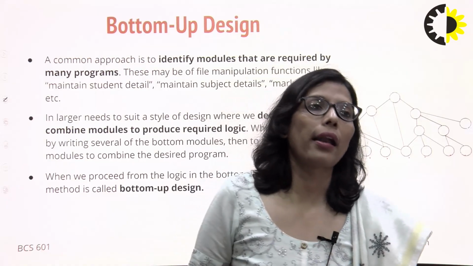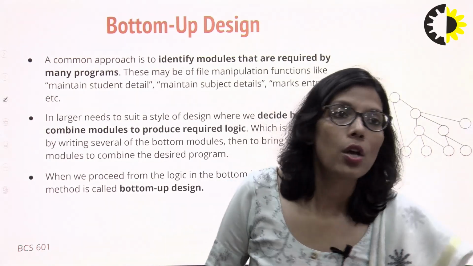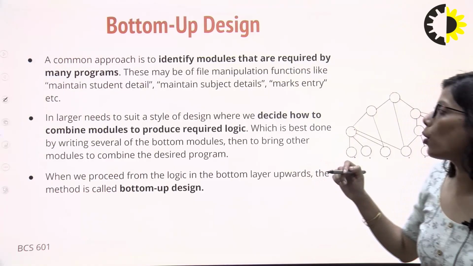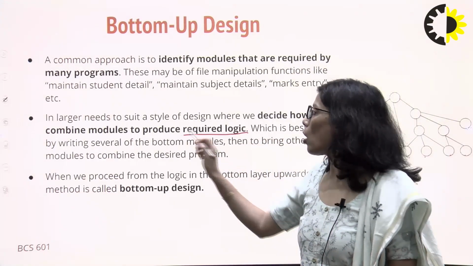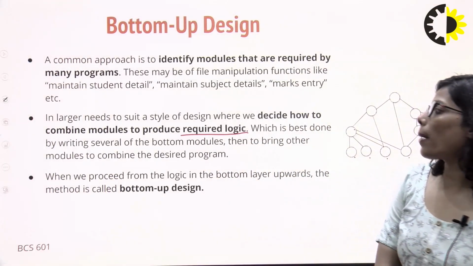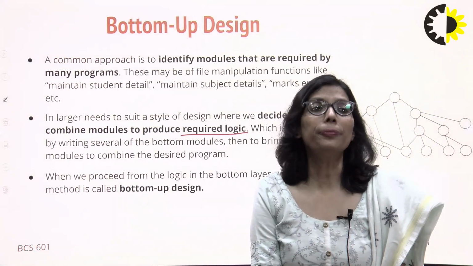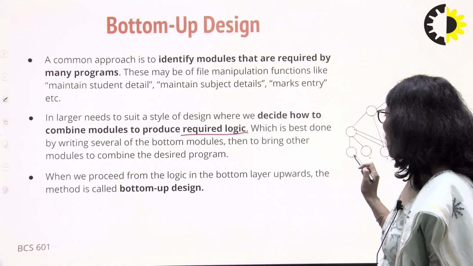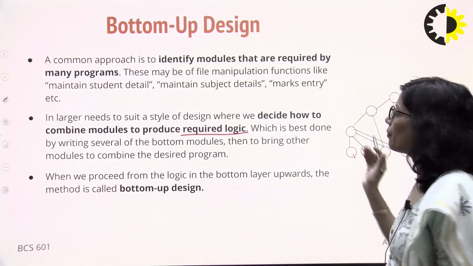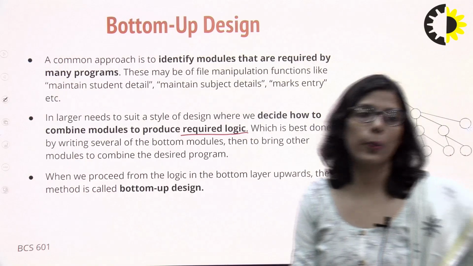Likewise, we can identify the modules. Then we decide how to combine modules to produce the required logic, which is best done by writing several bottom modules. First we identify bottom modules, understand the logic of these modules, and then we club them together according to the requirement.